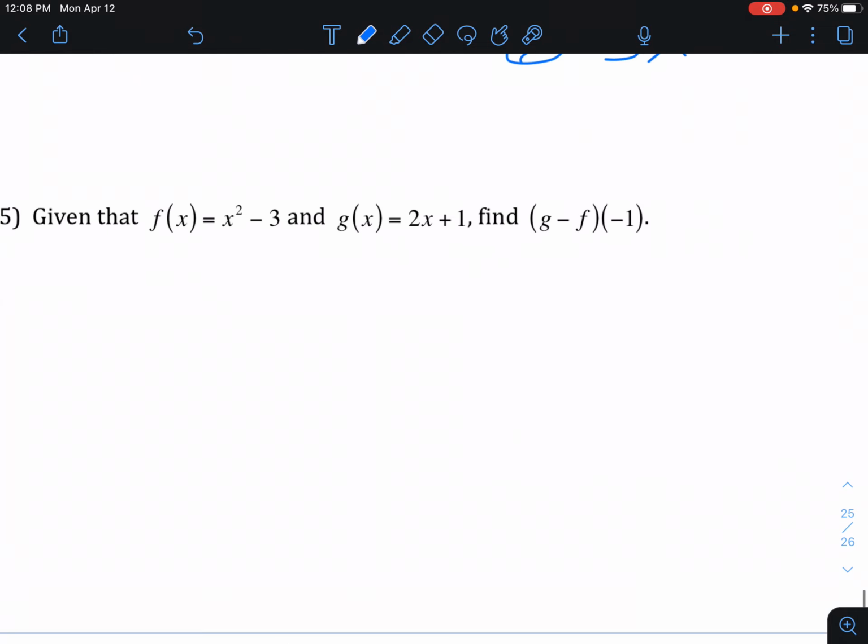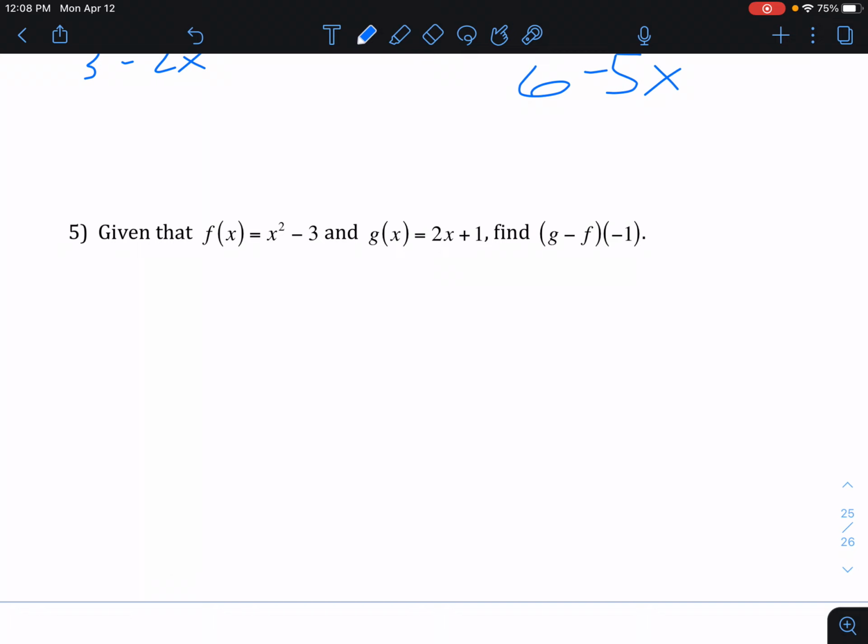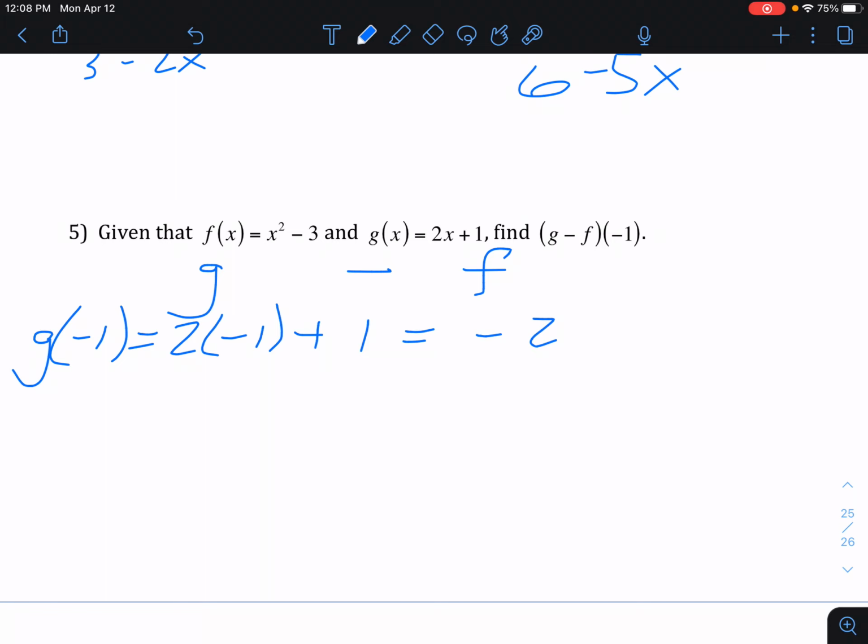Moving on, number 5. We're given a new function f, new function g. In this one, we want to do g minus f of -1. So now we have to plug -1 in for the x's. So again, it's g then minus f. So I'm going to do the g of -1 here. So that'll be 2 times -1 plus 1 is -2 plus 1 is -1.